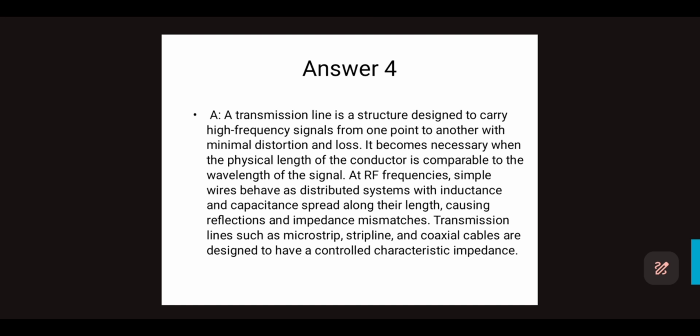So in that case we need to consider its impedance, characteristic impedance and all. I mean every trace of my PCB should be considered as a transmission line. So in that case I have to consider its impedance, so that there should not be any reflection, there should not be any power loss and all. So in that case there's a need for such transmission lines.